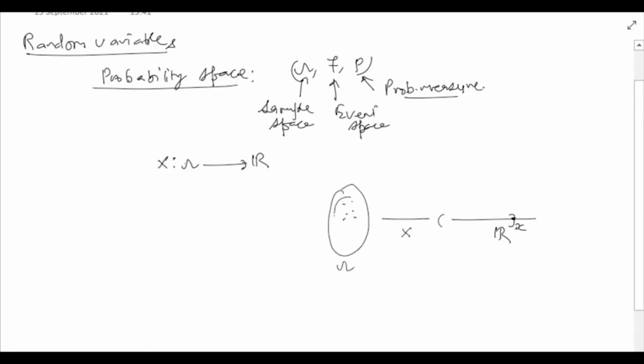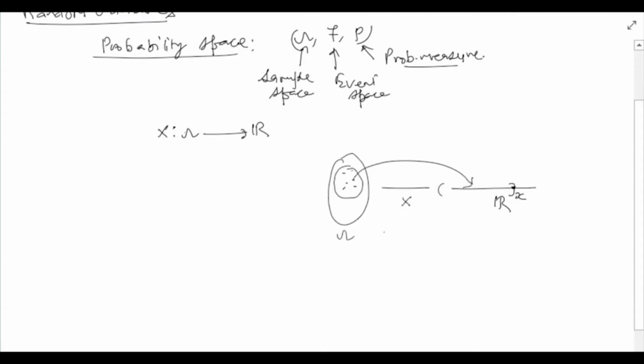So basically we want to see all the points here that are mapped to this. The collection of these points is called the pre-image of minus infinity to x: the collection of points omega in capital Omega such that X(omega) is less than or equal to small x.